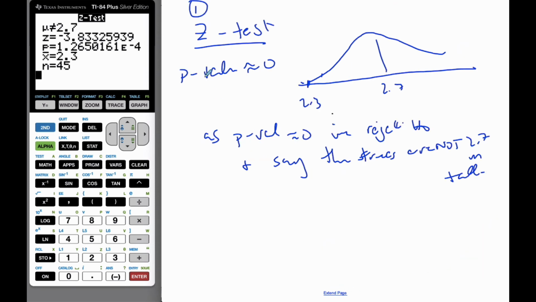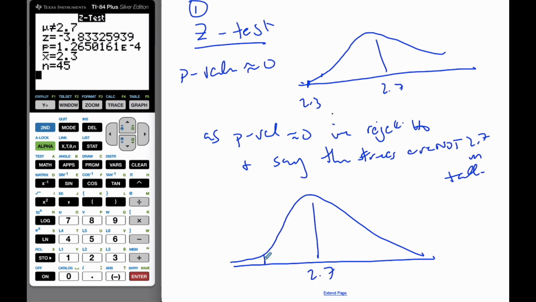Okay, I did say I was going to do it two ways. The other way I'm going to do it is if we recognize that here's my 2.7 and 2.3 is here, this value here is my p-value and its mirror image, because it is a two-tailed test because it's not equal to. So to find that, I'm going to go to normal CDF.